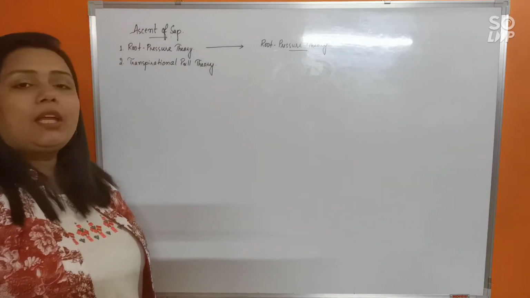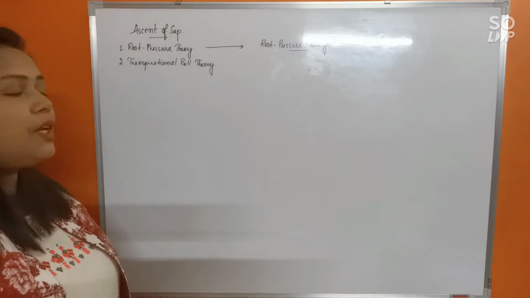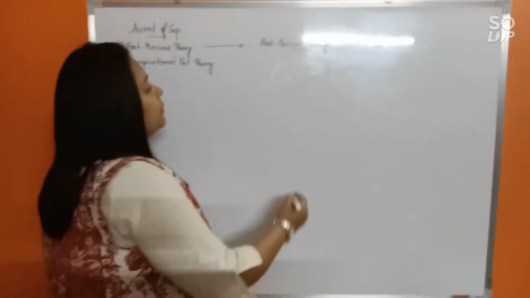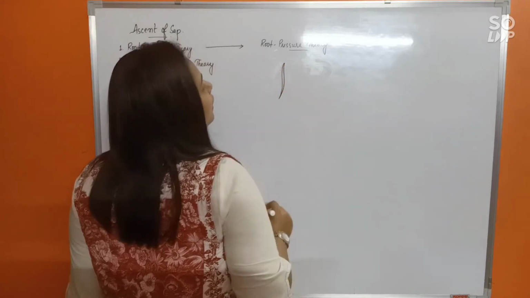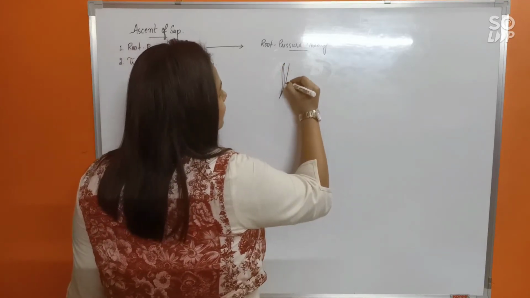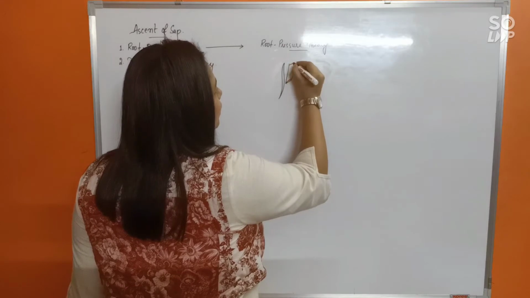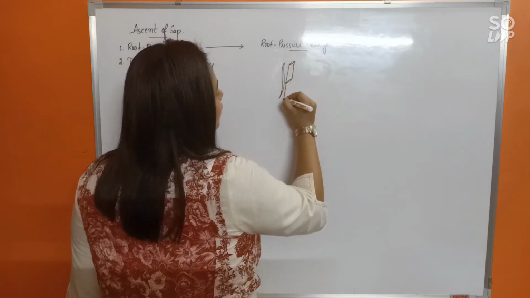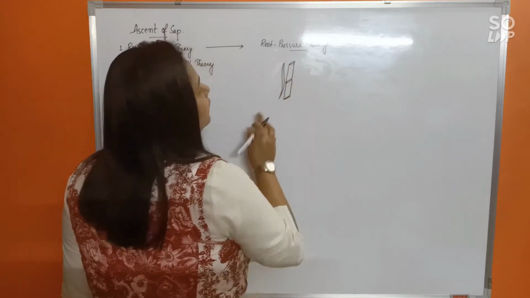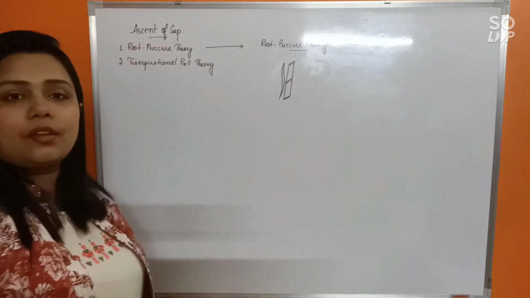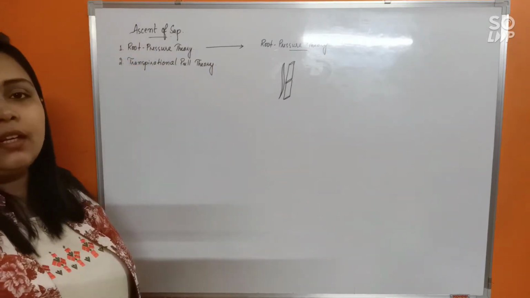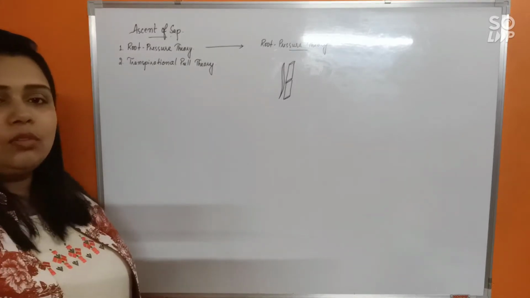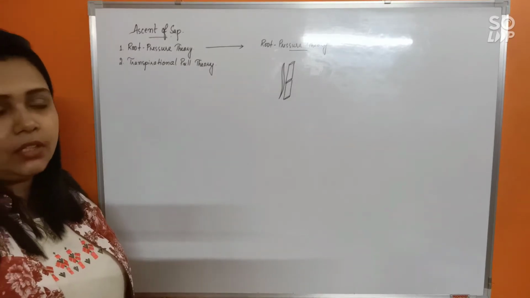Okay. Now regarding root pressure theory, first thing that you should know is that, see, in the xylem, the conducting elements are the tracheids and the vessels, right? Tracheids and vessels, both are very much narrow, right? They are very narrow in diameter.